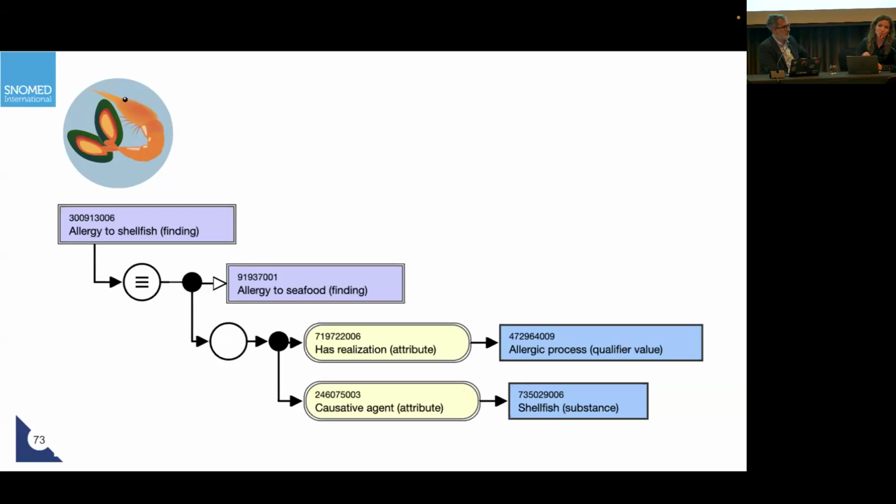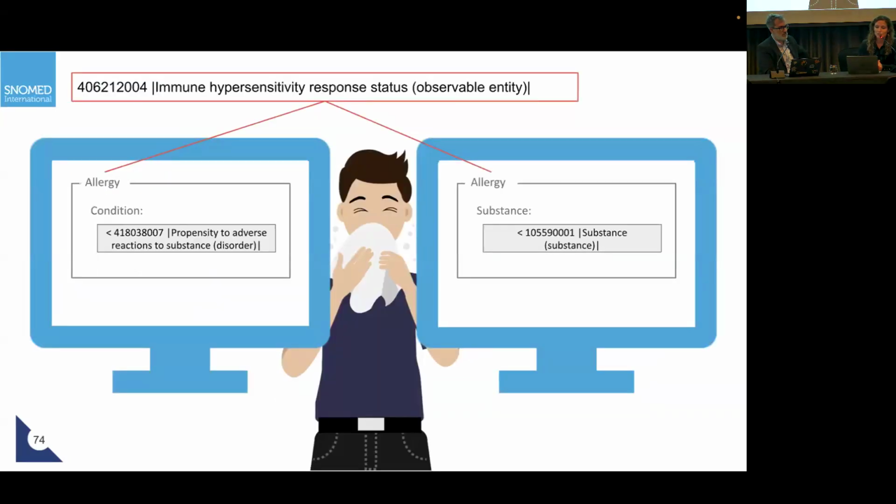If I know I'm communicating the cause of an allergic condition, I can derive the condition from knowing what the causative agent is. So you can see we can have two systems that use different kinds of approaches, but understanding what approach was taken will help us to transform between the two systems.